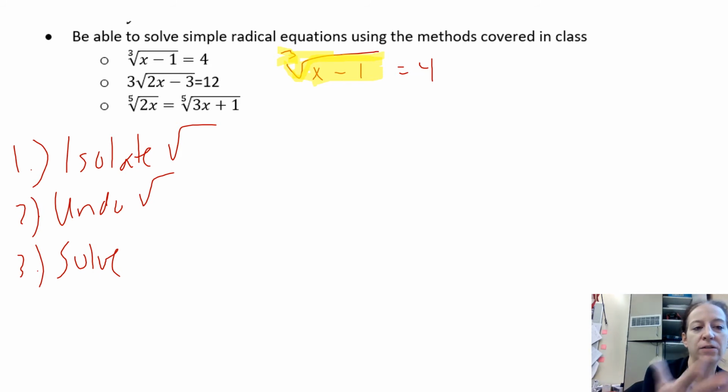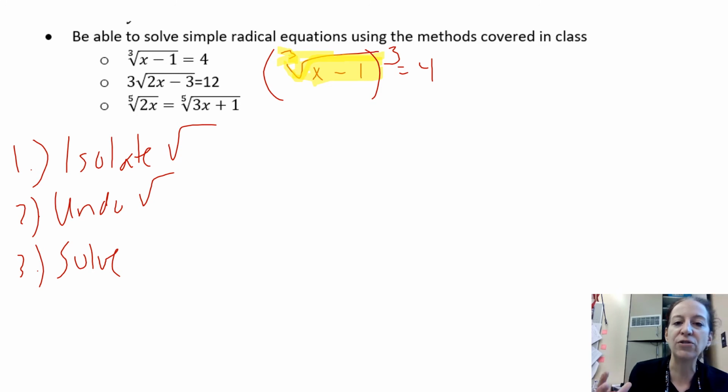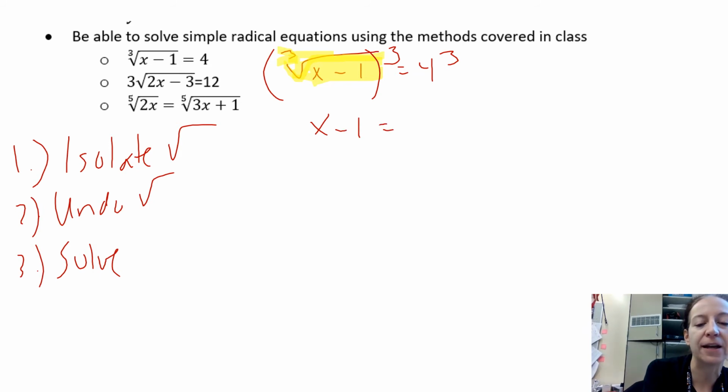Now we want to undo the radical. So you have to look at what kind of radical it is. This is a cube root, so to undo it, I will cube it. I'm going to cube the whole radical. And because equations are equations in math, you have to do the same thing to both sides, so I'm going to cube the 4. When you do that, you just get the radicand.